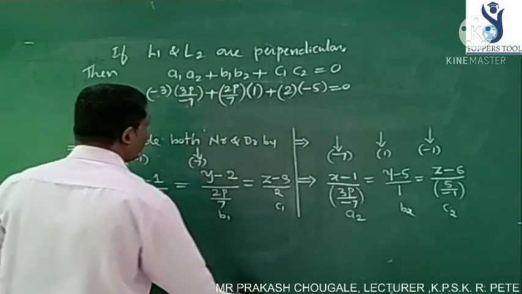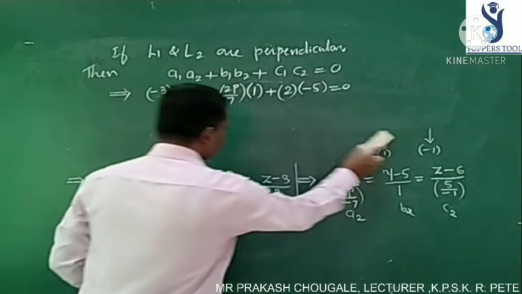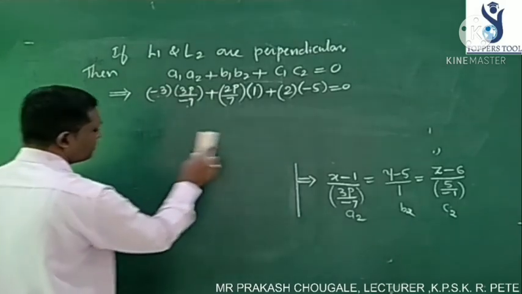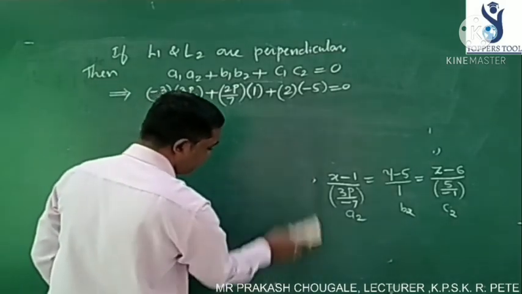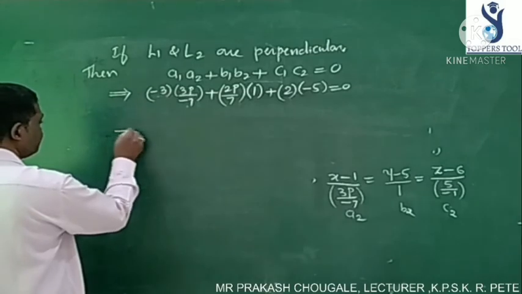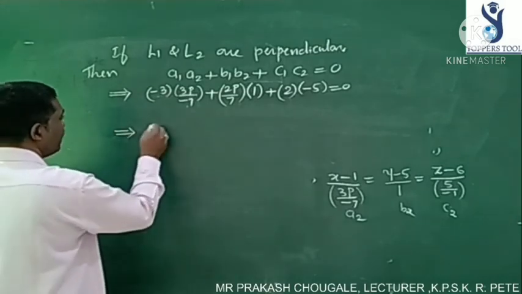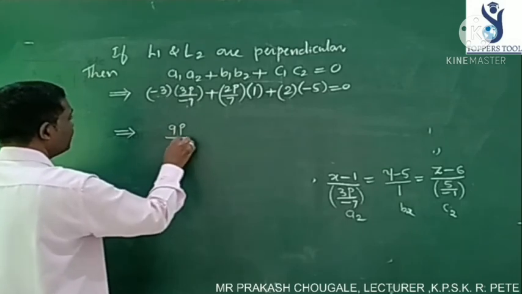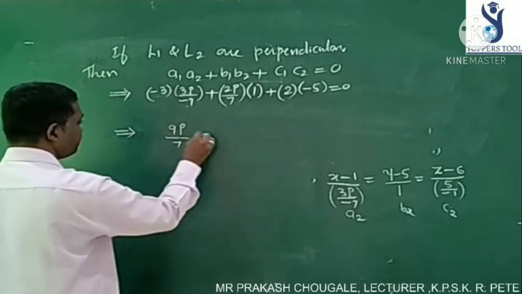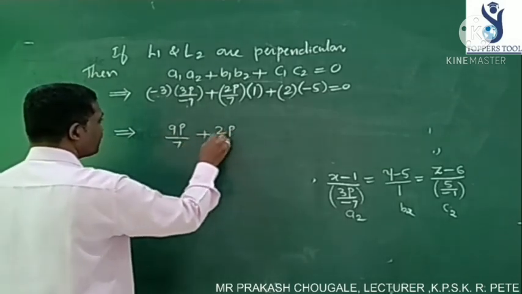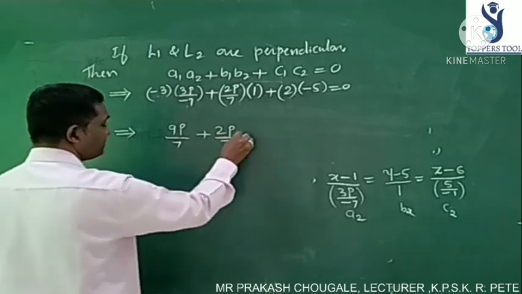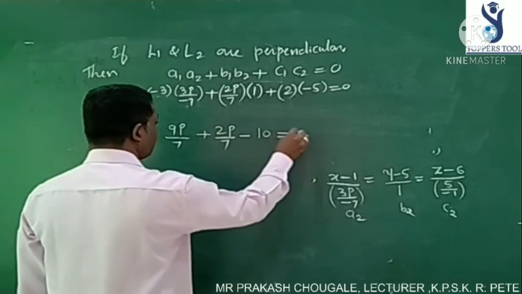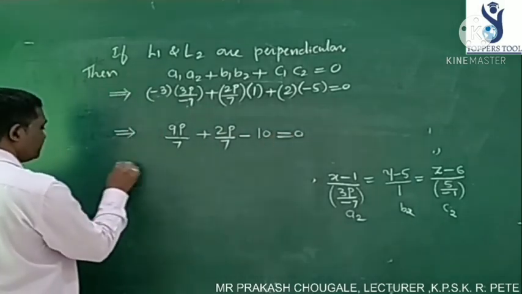Now the rest of the thing is simplification. Some students are very fast, they can do it very quickly. Minus minus cancels. And 9p by 7 plus 2p by 7 minus 10 equals 0.